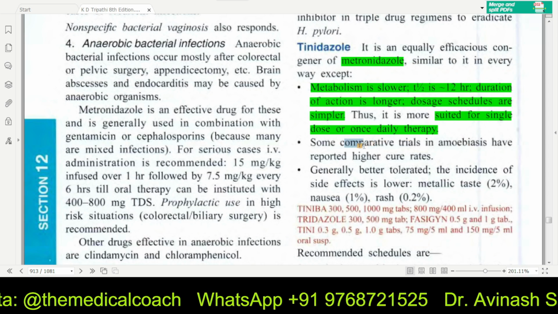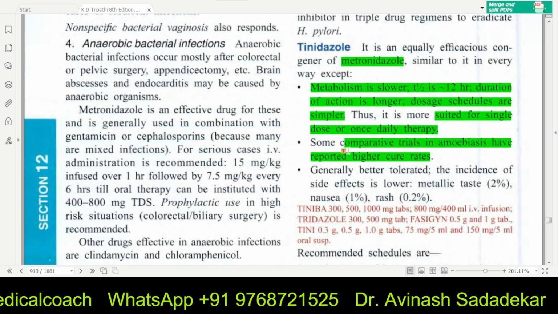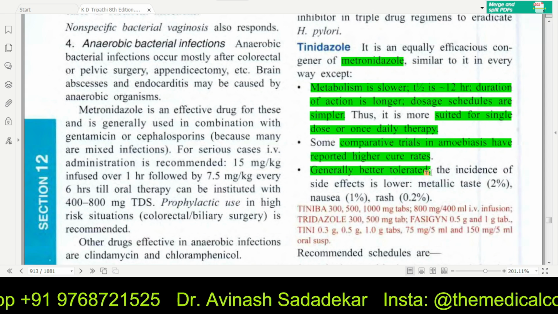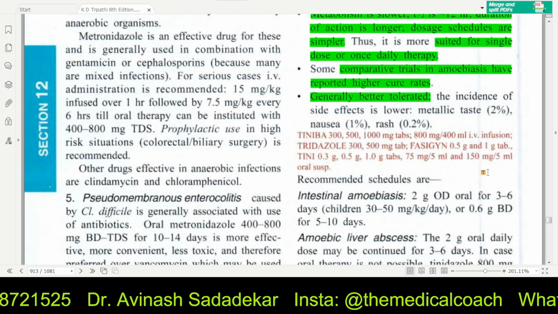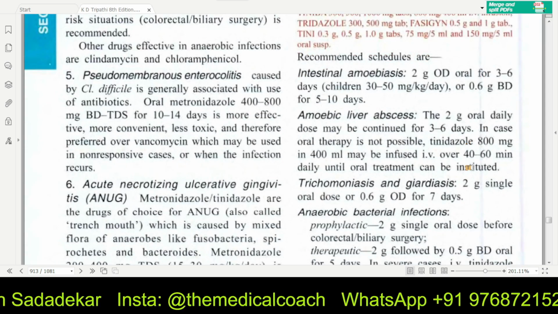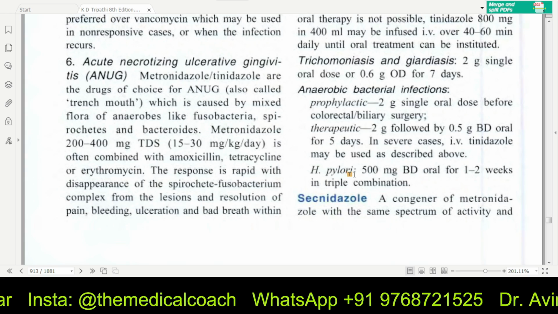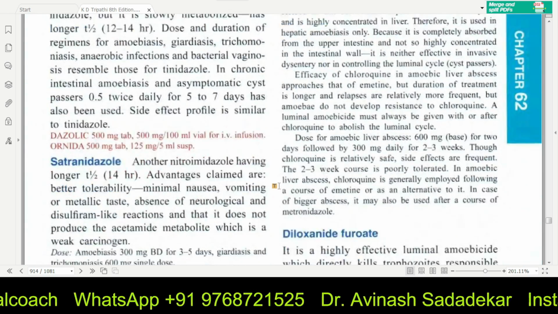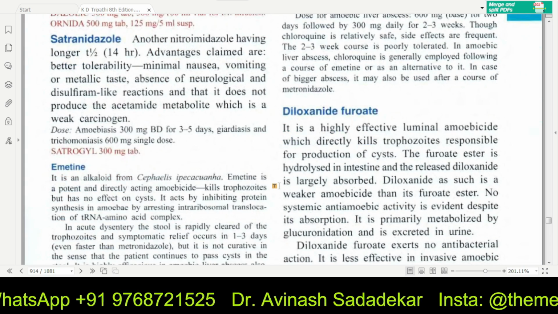And in amoebiasis, tinidazole is slightly better as compared to metronidazole, and it is generally better tolerated with lower incidences of side effects like metallic taste, nausea, and rash. The uses are going to be exactly the same. No need of doing secnidazole, ornidazole, or any other drug here.